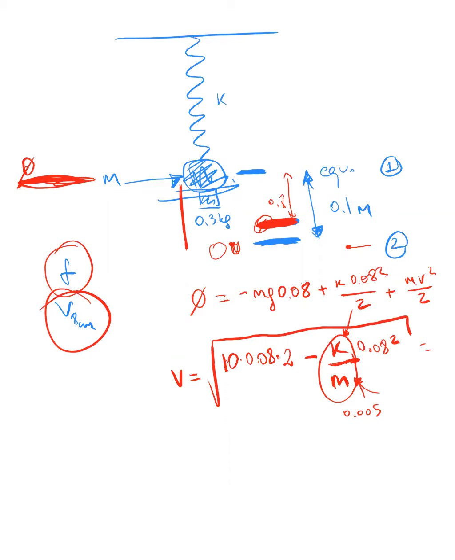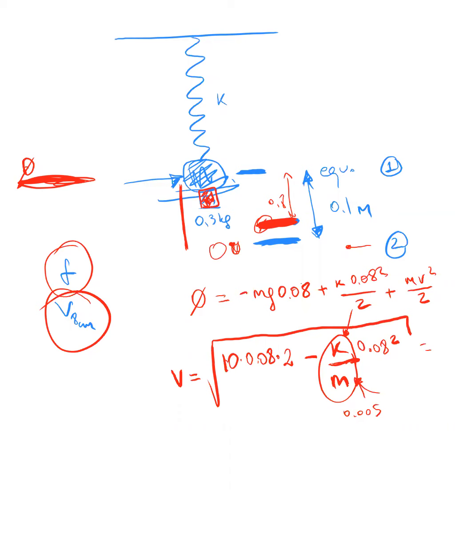So that's the velocity. Now part C, which is slightly different, where they tell us that when they added 0.3 kilos, the frequency halved. And they ask us what was the original mass before they added 0.3 kilos.